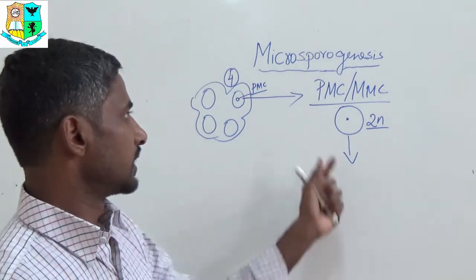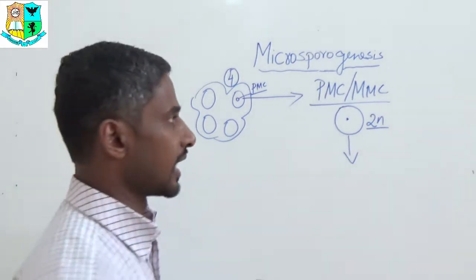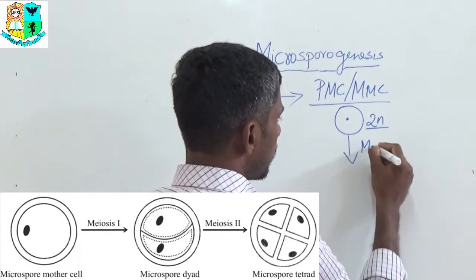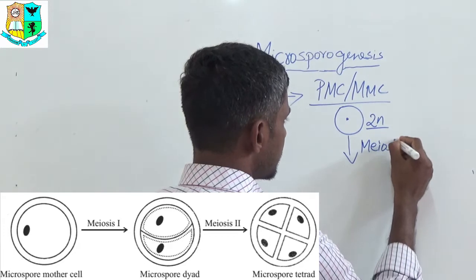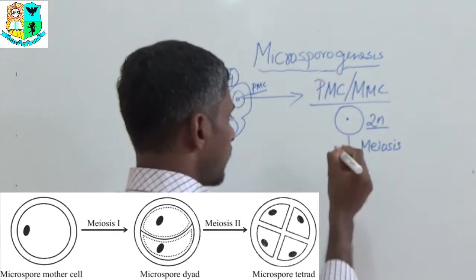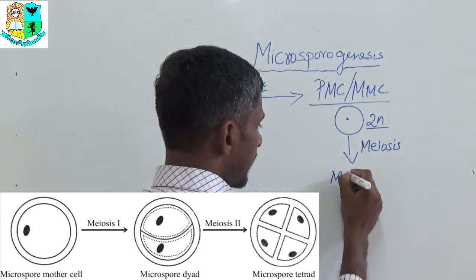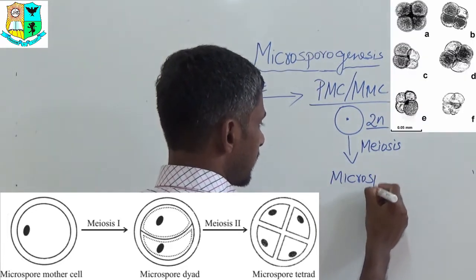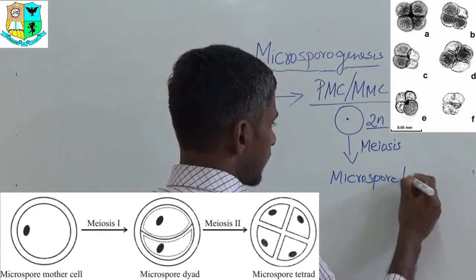What happens? This diploid pollen mother cell will undergo meiosis division to produce microspore tetrad.